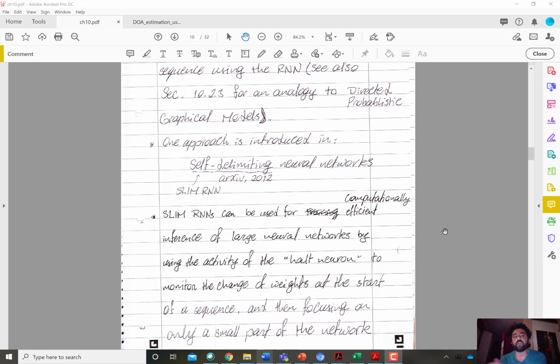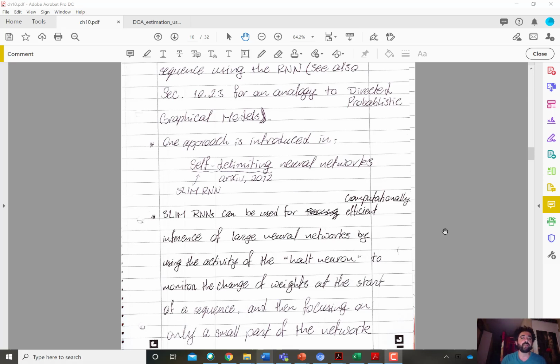And this was actually one reason for the inspiration behind the first strategy that we explained, which is called self-delimiting neural networks, and it was introduced in 2012. I think that's very interesting work that may open the door in the future for a lot of new kinds of recurrent neural networks.